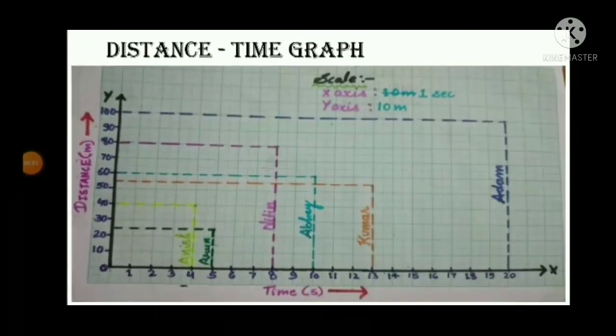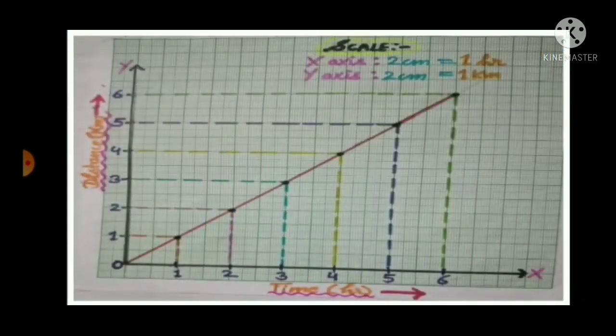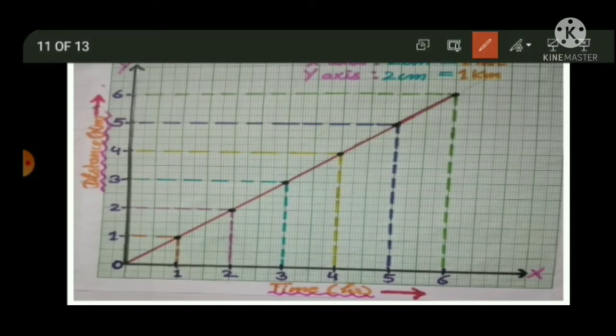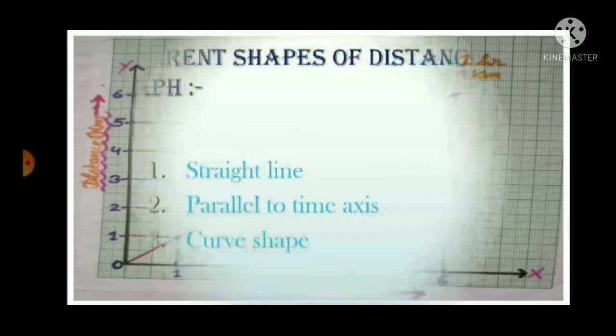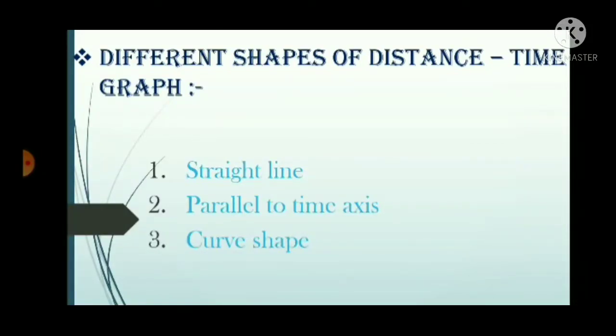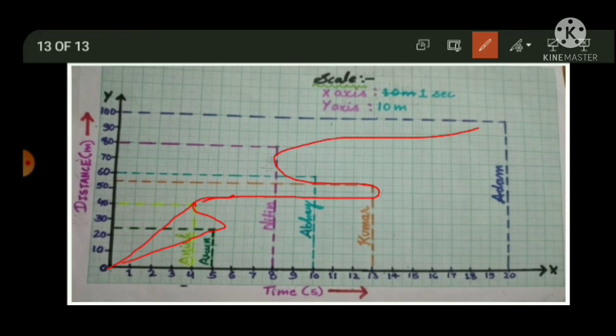You can see that there is a difference between the distance time graph and the line graph. In the line graph there is a line which is straight, whereas in the distance time graph it is not straight, it comes in different shapes like this.